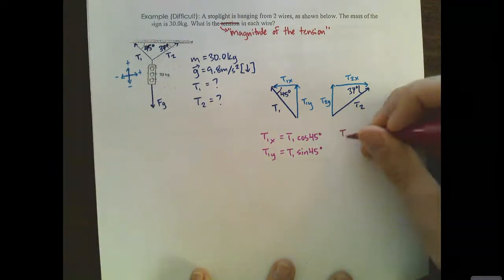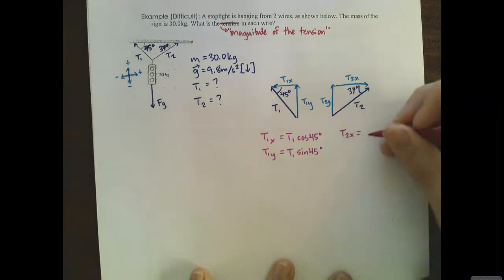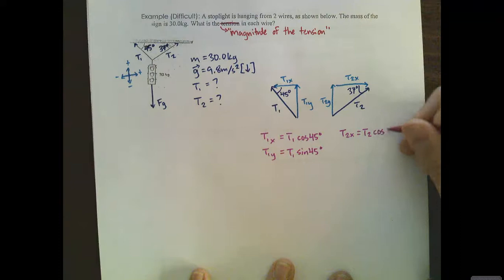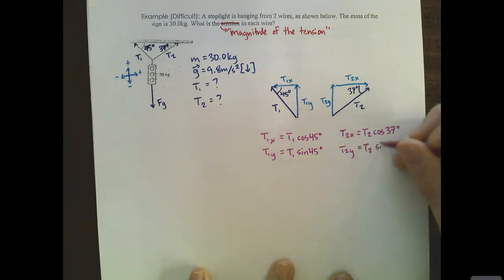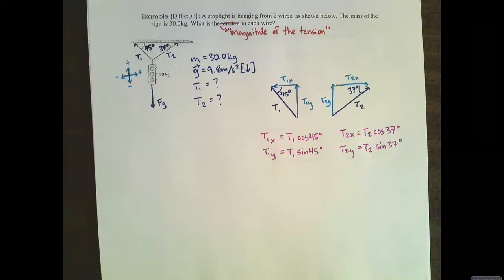Same thing for over here: T2X is equal to T2 cos of 37 degrees, and T2Y is equal to T2 sine of 37 degrees. Now, unfortunately, we can't really go any further than that because we don't know T1, we don't know T2, and we don't know any of the other values here. What we do know is FG though, and FG is going to help us to be able to solve this.